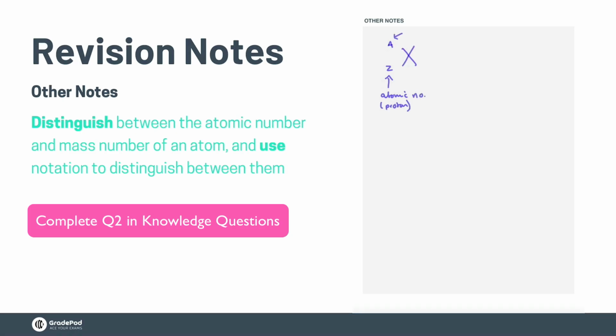And up here we'll write this as our mass number, or we can put protons plus neutrons. And here we'll do the element symbol. And if you wanted, you could give a little example here, like carbon 12.